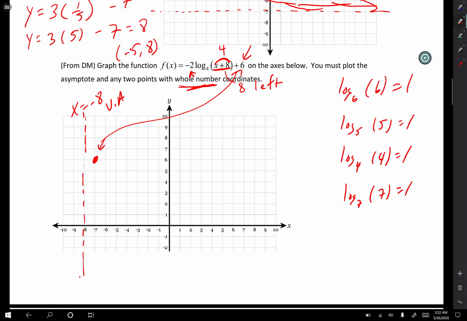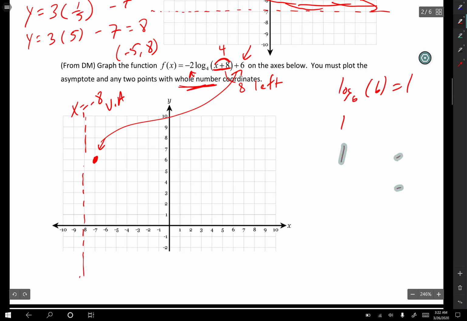So what am I going to do? I'm going to force this value, the argument on the inside, to be the same value as the base value. So I have a base value of 4. So I'm going to insert x equals negative 4 because negative 4 plus 8 is 4, guys.